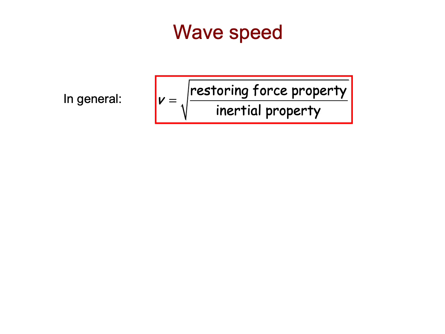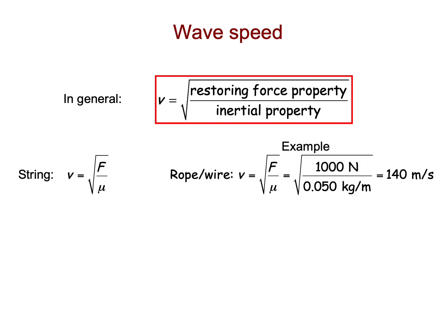In a string, which is one-dimensional, where the wave is propagating on a single line, we care about the linear mass density, whereas for sound, which is a three-dimensional phenomenon, we care about the volumetric mass density. And so we have, for a string, v is equal to the square root of F over mu.